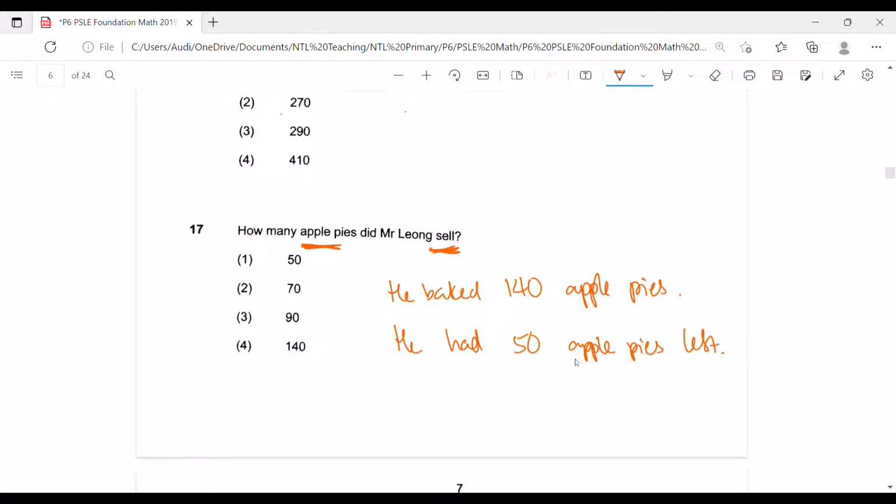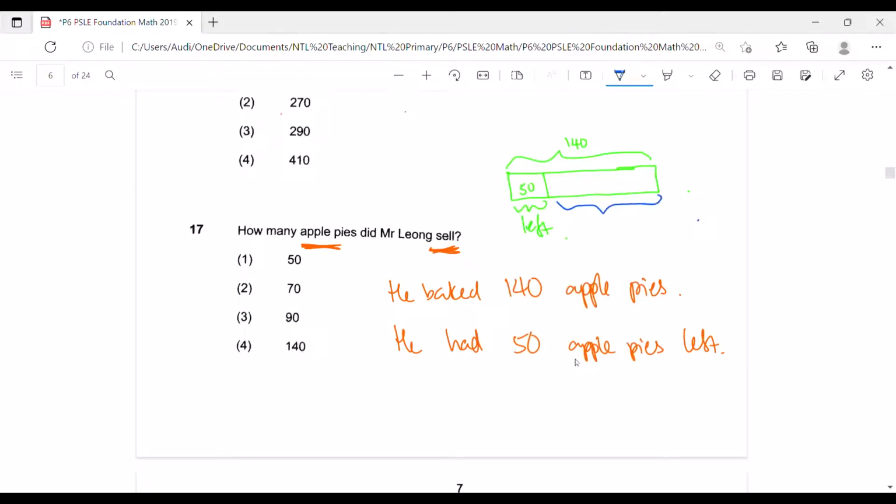So if you want to draw a model, it will look like this. This is the total amount he baked, 140 apple pies. And he had 50 left. So how many did he sell? He must have sold this much, right?